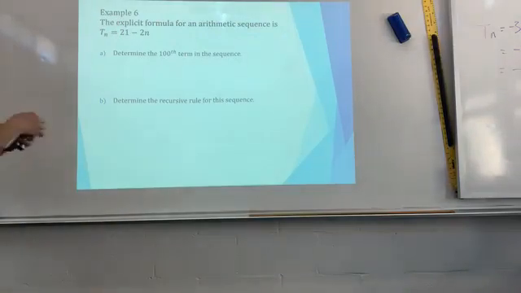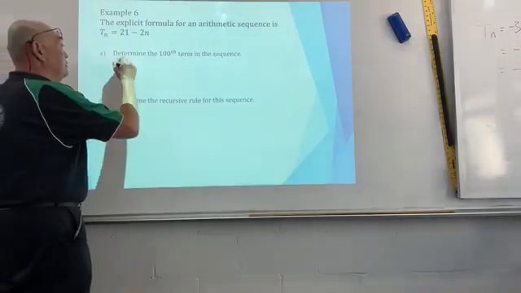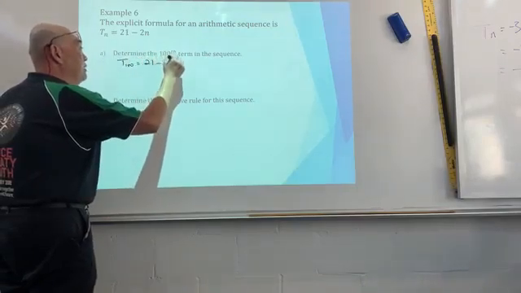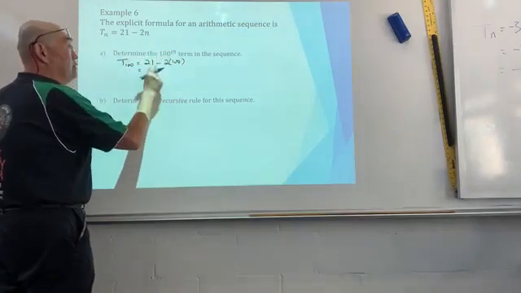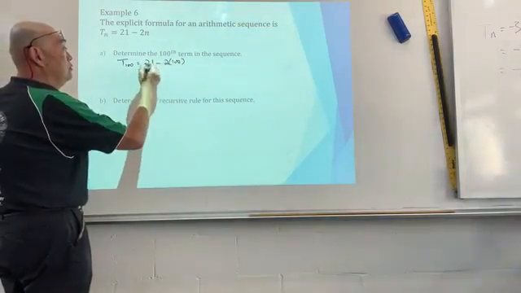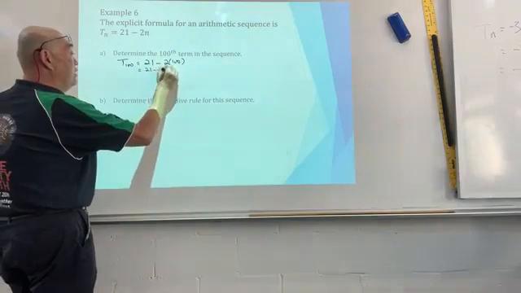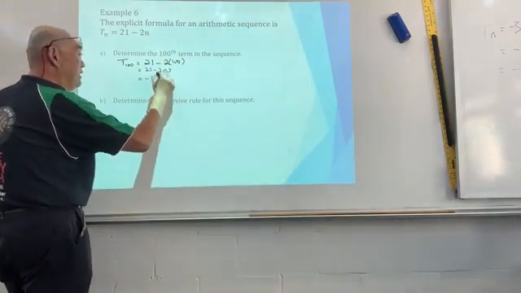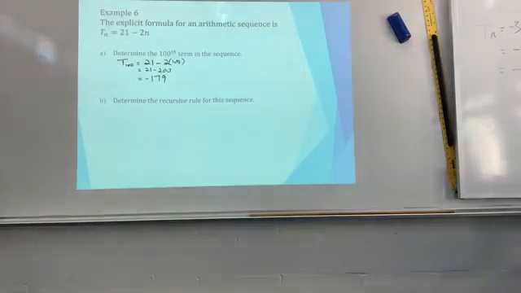All right? So T100 equals 21 minus 2 times 100, which is 21 minus 200, so therefore is minus 179. All right? Then how do you determine the recursive rule for this sequence?